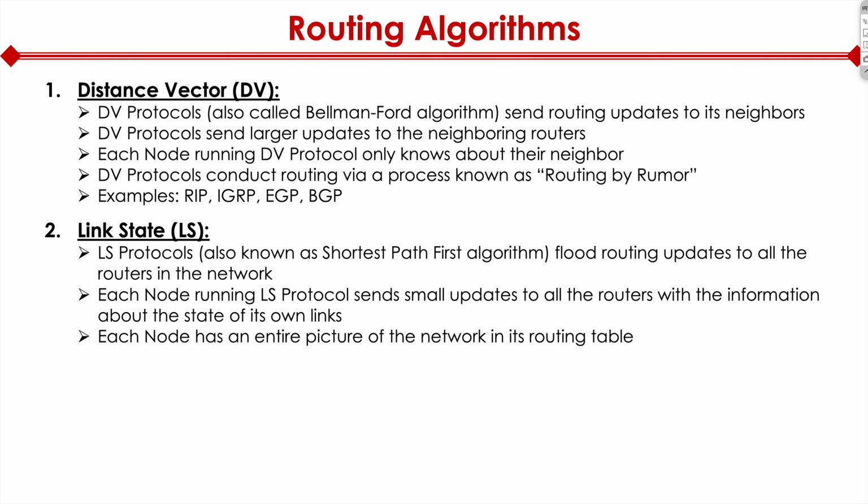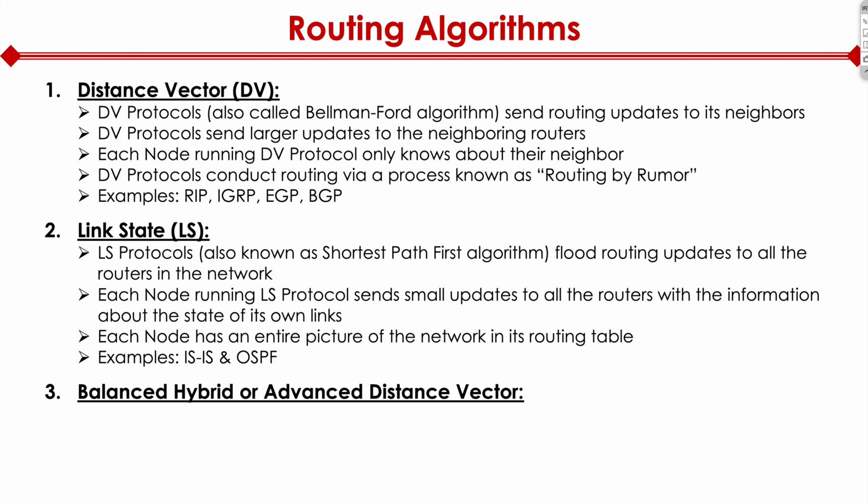And each node has an entire picture of the entire network. And the examples include ISIS and OSPF. Link state routing protocols are taxing on the routers and layer 3 devices that these protocols are running on, because each device, each node needs to have an entire picture of the entire network. So something to keep in mind.